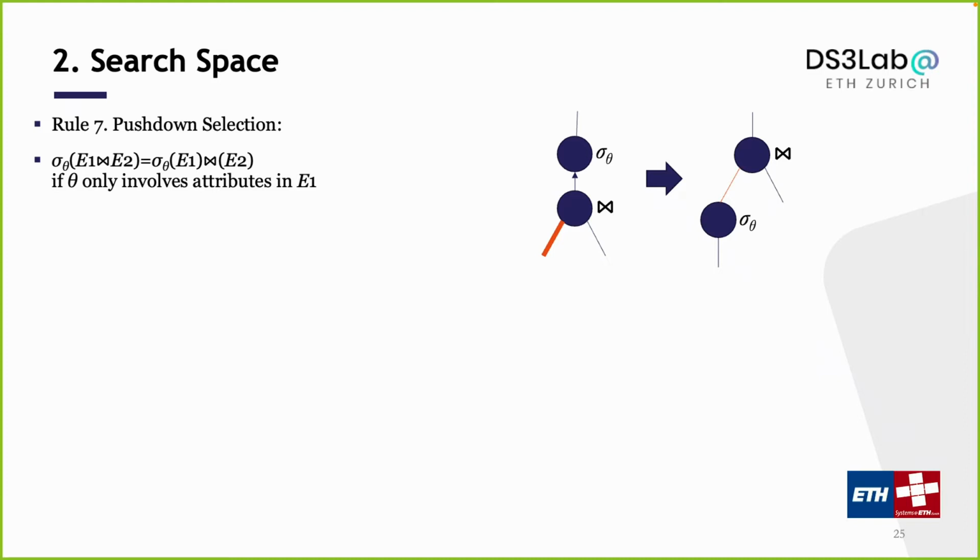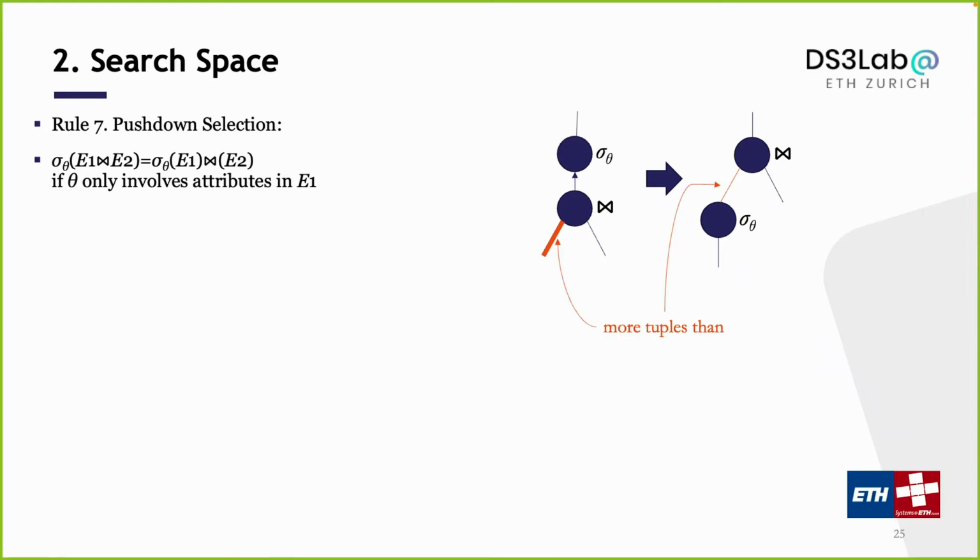So often what the query optimizer tries to do is push down your selection as much as possible. I want to filter out results as early as possible before I do the join. And this transformation is going to allow you to do that. If I have a query tree on the left-hand side, I have a join and then a selection, it's equivalent to doing the selection, then the join, assuming the selection predicate only involves a single relation.